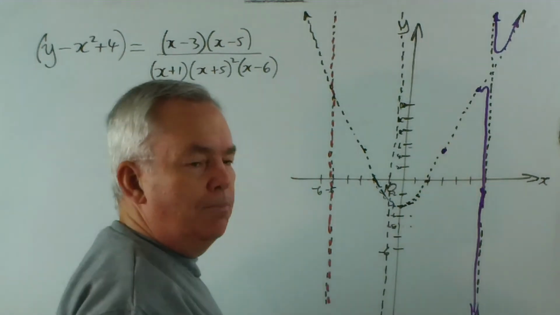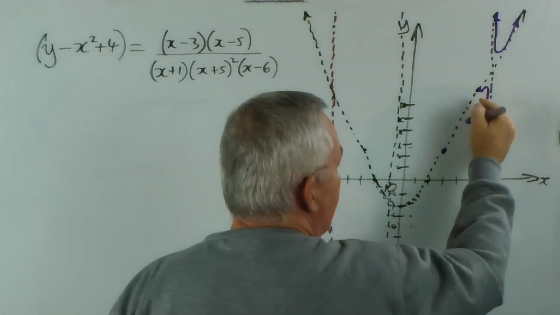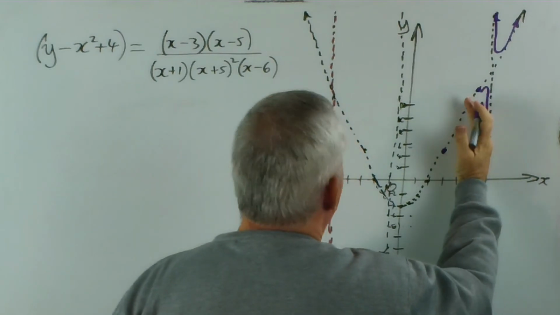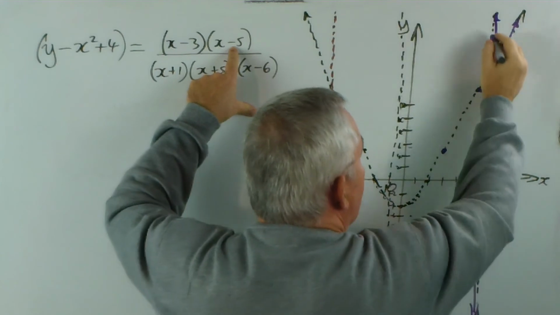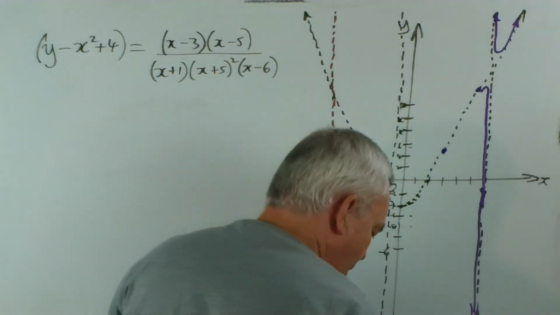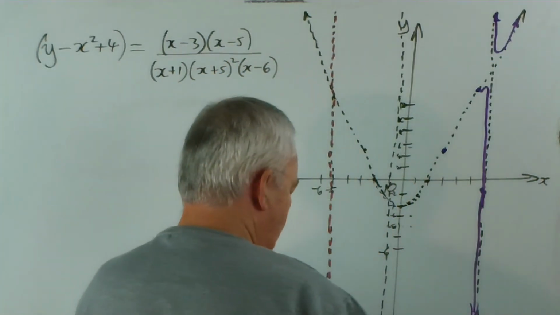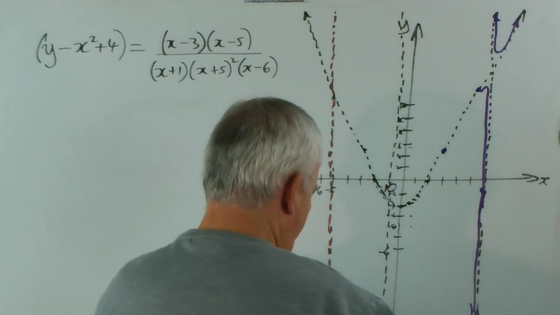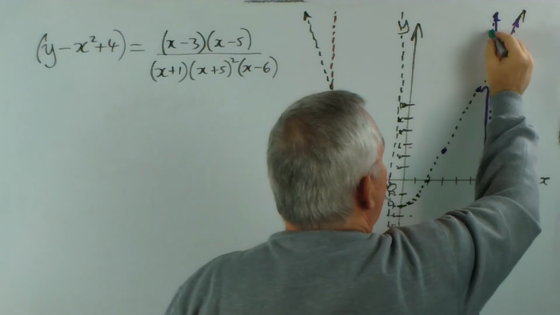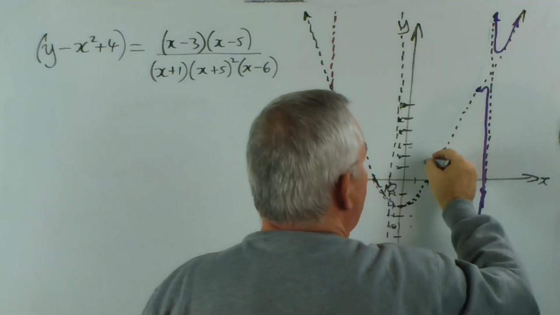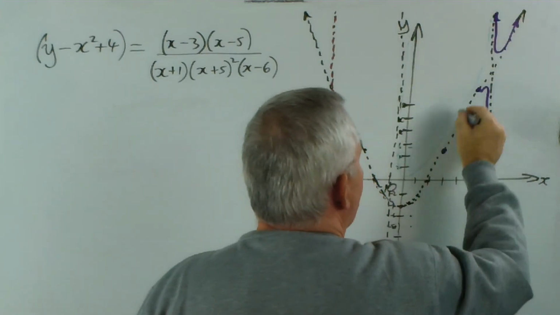But we've got a problem. When it reaches x equals 5, the sign changes and it wants to behave. Let's do it a little bit in green. It wants to behave as though it was up here. That's what it wants to behave like.